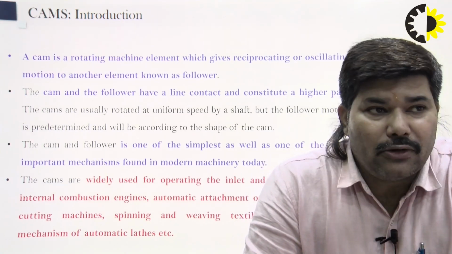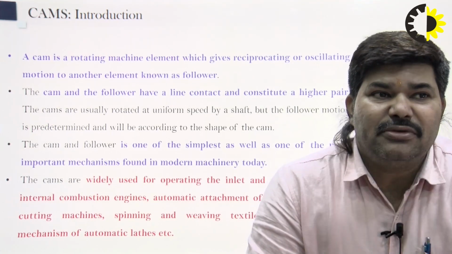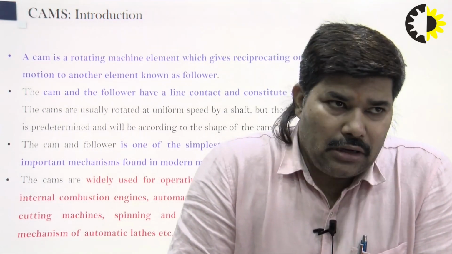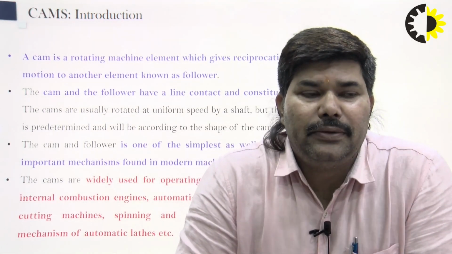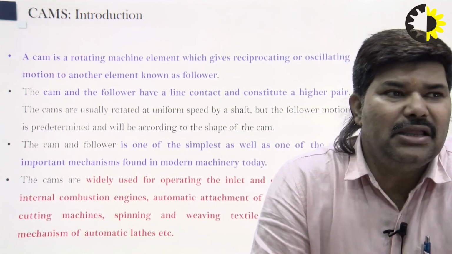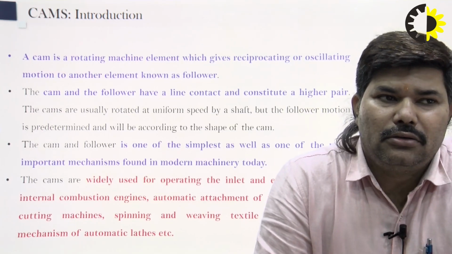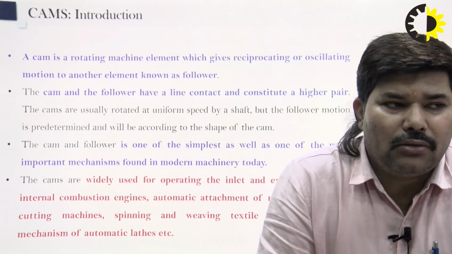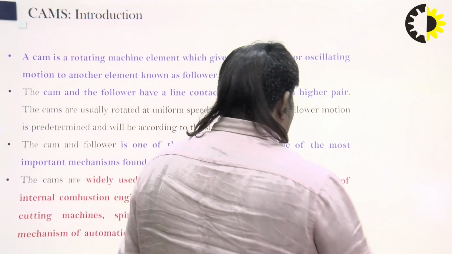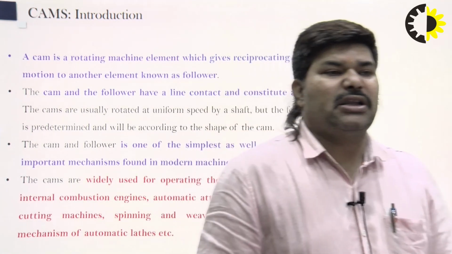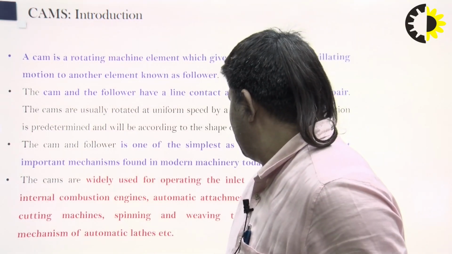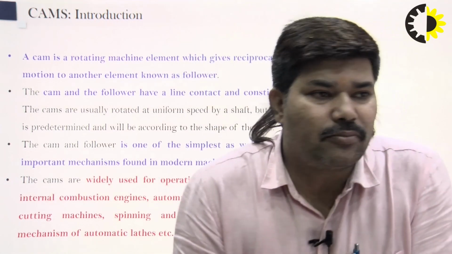The CAM and follower is one of the simplest as well as one of the most important mechanisms found in modern machinery today. The CAM is widely used to operate the inlet and exhaust valves of internal combustion engines, automobile attachments, machinery, paper cutting machines, shipping machines, weaving and textile machines, and the mechanisms of automatic lathe machines.